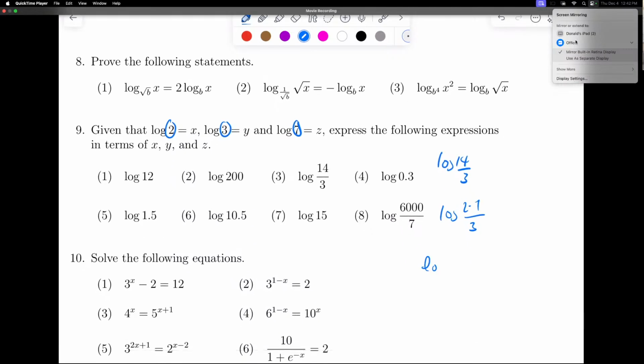And that's going to be log of 2 plus log of 7 minus log of 3. So that will be x plus z minus y. It's another way to test your expansion.